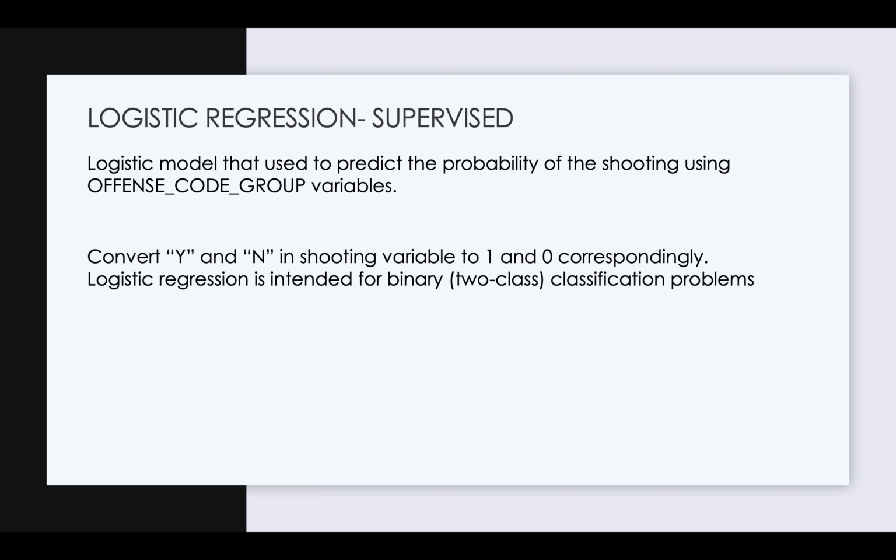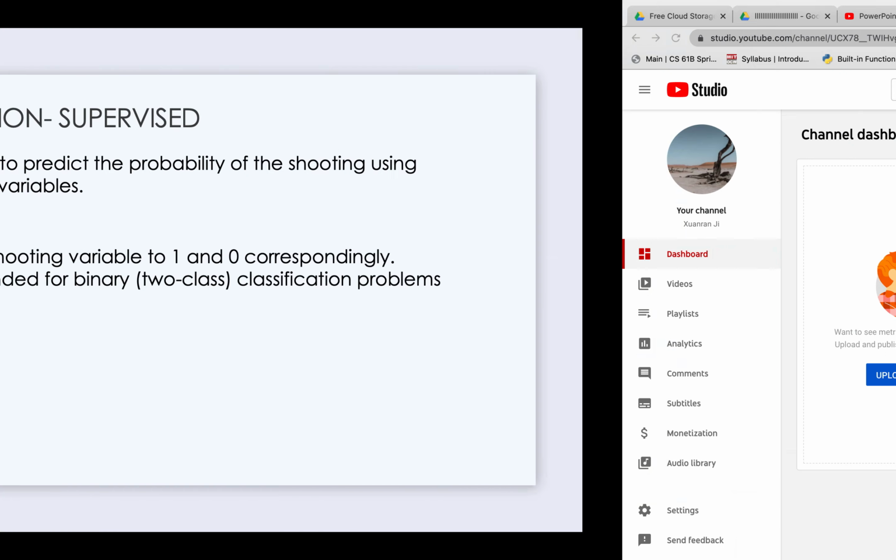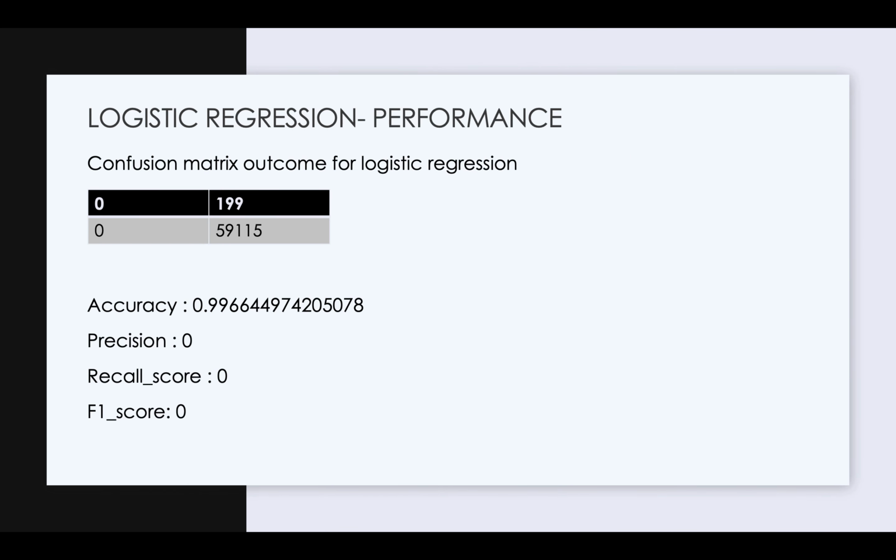Because logistic regression only works with binary outcomes, I changed the Y and N in the shooting variable to 1 and 0 correspondingly. So this is the confusion matrix after I ran the logistic regression.